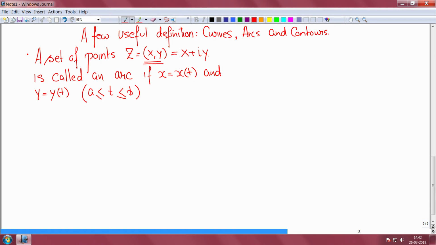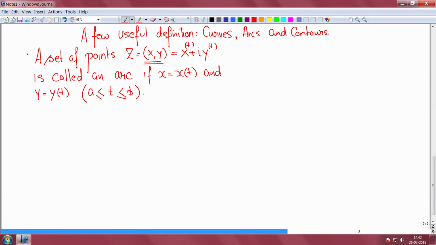Such a set is called an arc. t lies increasingly between a and b, x is a function of t, y is a function of t, then z, which is x plus iy or x of t plus iy of t, is called an arc.